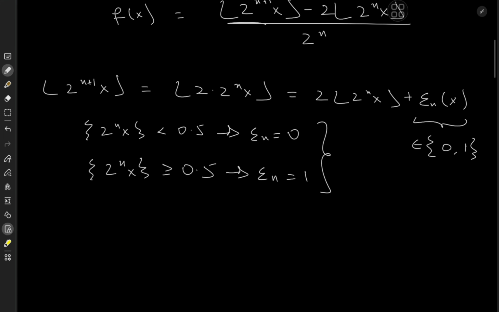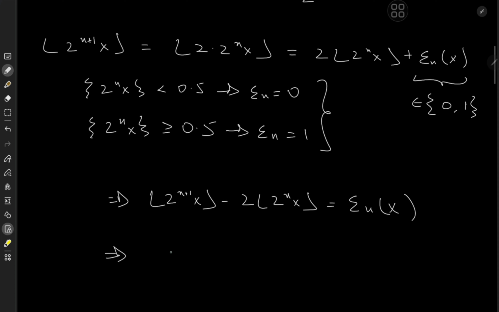Okay, cool. And that is awesome because looking at this equation, we get floor of 2 to the n plus 1 times x minus 2 times floor of 2 to the n times x equal to epsilon sub n of x. And this implies that our function f of x is just epsilon sub n of x over 2 to the n, where epsilon is again either 0 or 1.